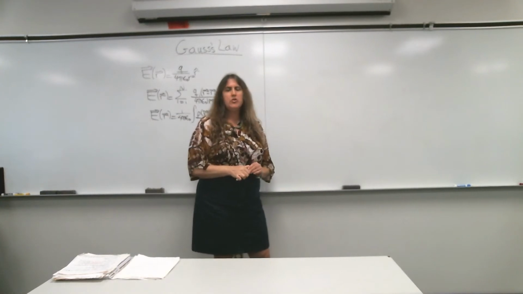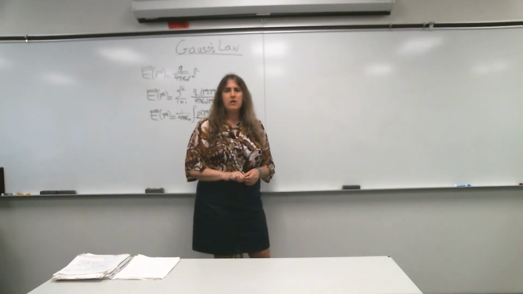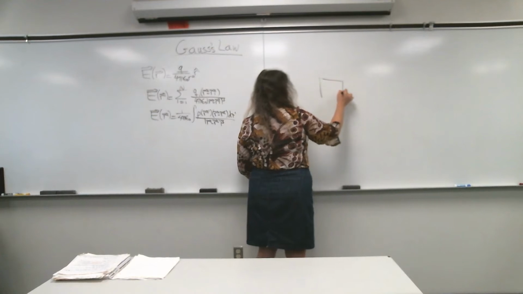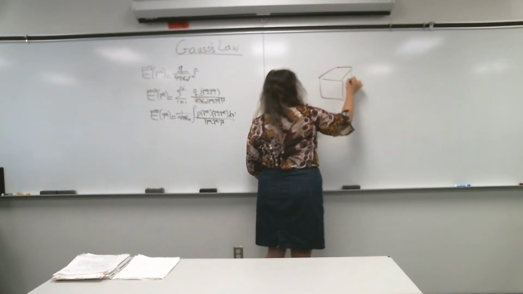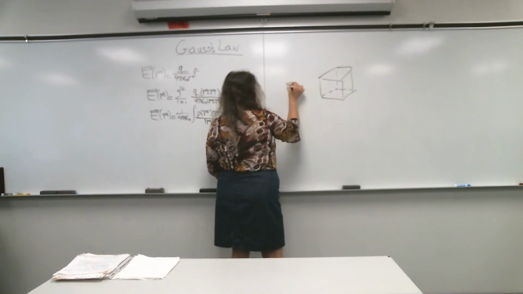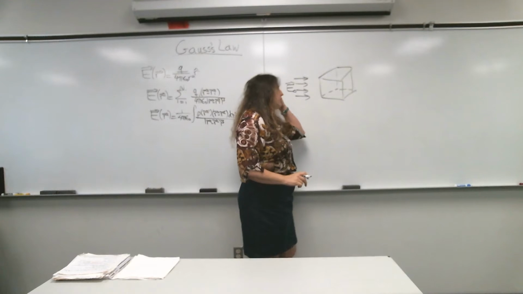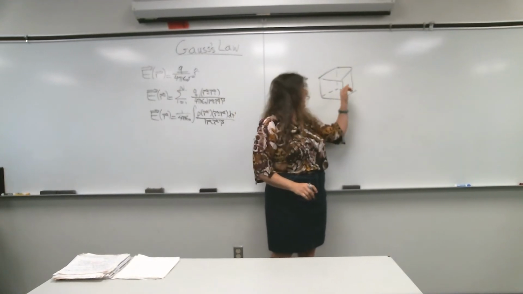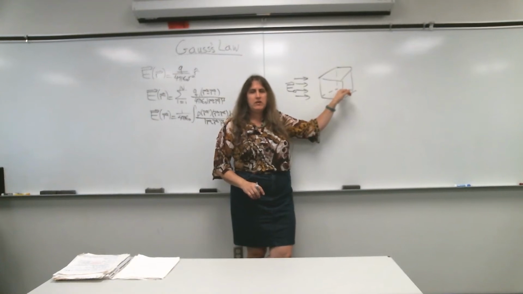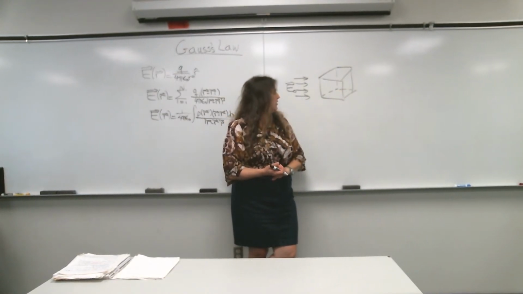So let's take a look at having a box and determine what is the electric field, or flux rather, that passes through that box. And we'll assume this box is oriented such that its bottom back corner lies along the intersection of the x, y, and z axes.